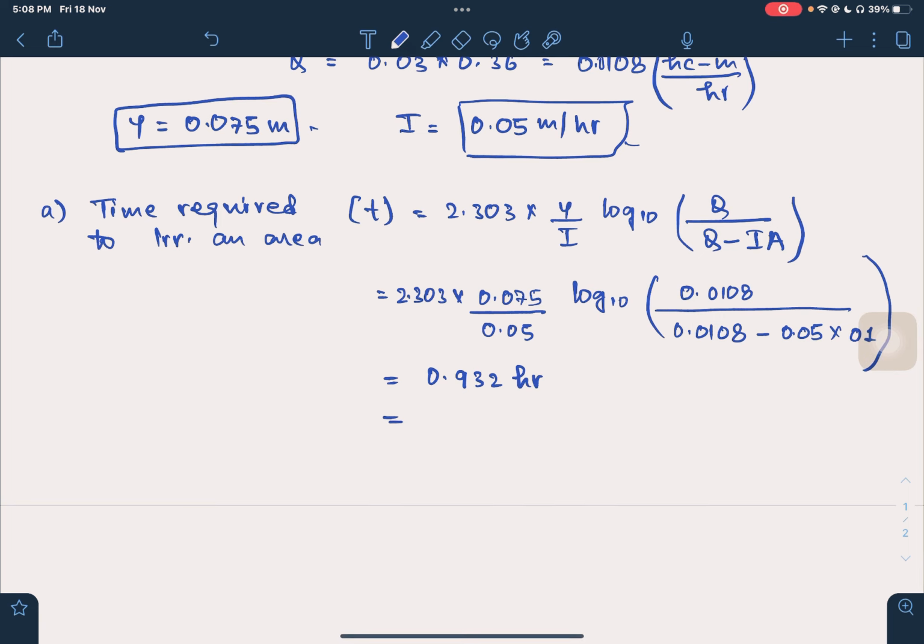Converting it into a more relatable unit, that would be 0.932 into 60, if we convert it into minutes, that comes out to be roughly 56 minutes.